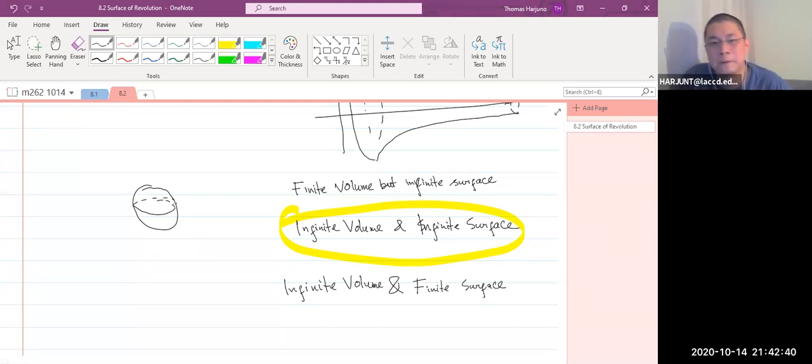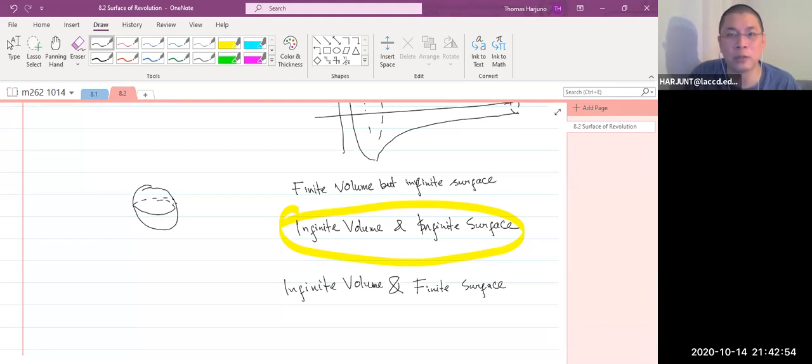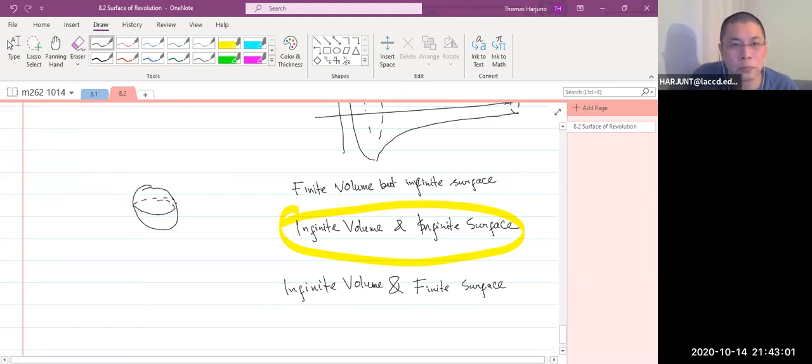The surface area is 4 pi r squared. Now, how about the volume? The volume inside is 4 over 3 pi r cubed.